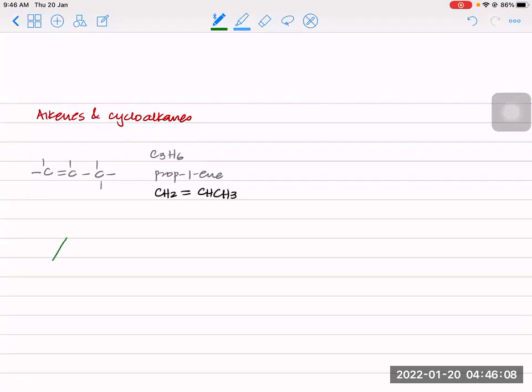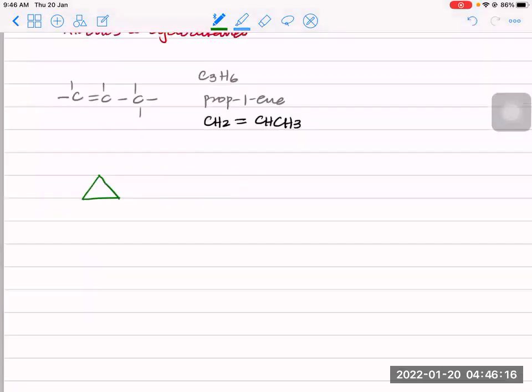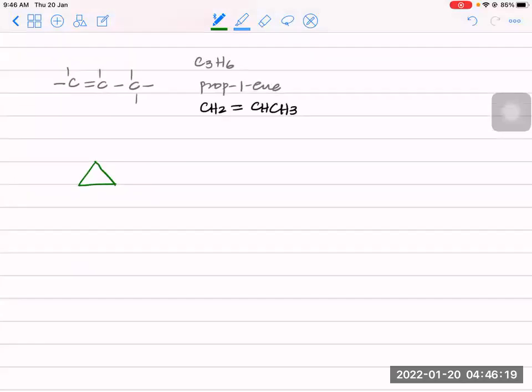So let's make a cycloalkane of 3 carbons. That would be like this. If you see, you have 3 carbons and you have 2 bonds already, so the third and fourth would be hydrogen. This also has 2 bonds, so the third and fourth would be hydrogen. This has 2 bonds, third and fourth would be hydrogen. So you see this is also C3H6. You see the molecular formula is the same.